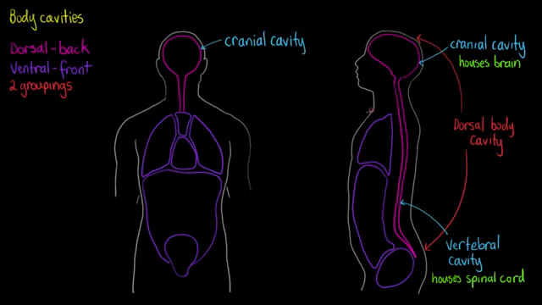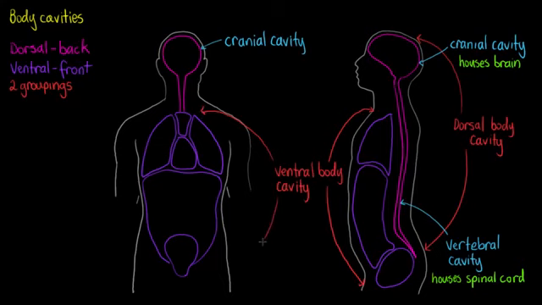So now the ventral cavities are on the front of the body and typically house and protect our organs. Now we have the superior mediastinum, which is one of the first subdivisions of our ventral body cavities. So the ventral body cavity here encompasses everything from front view and side view.